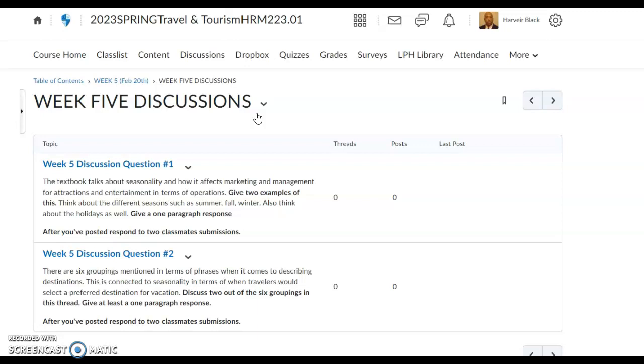You get a notification in D2L of when they are due, meaning that you are making your initial response. It's laid out within the academic course calendar in D2L. And make sure that you give a substantive response towards the end of the week on Saturday to at least two of your peers within the class.